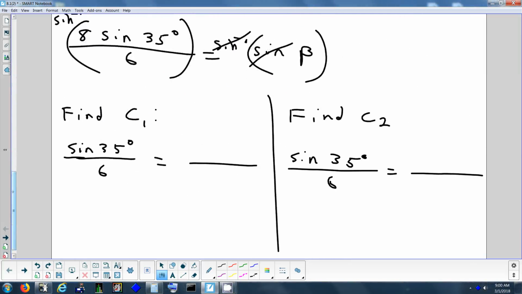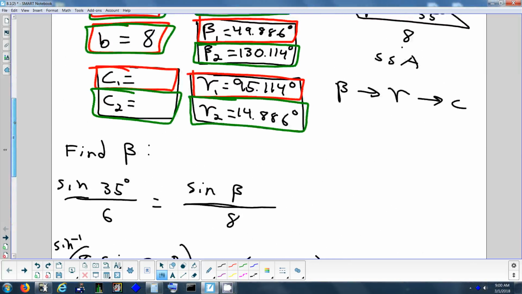Okay, so now let's set it up for C1. What would go on the other side of that proportion to find C1? Sine of what over what? Yep.